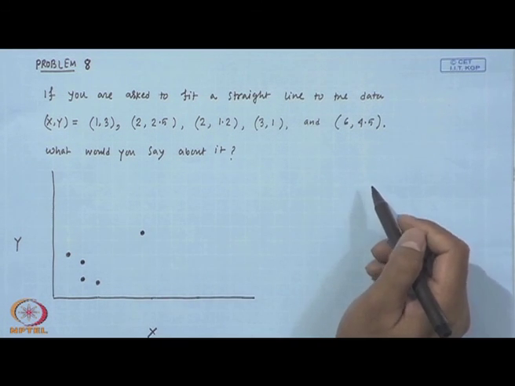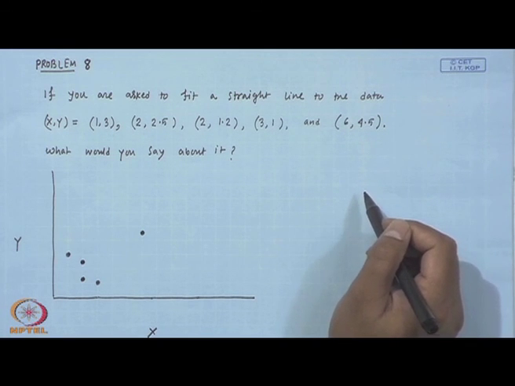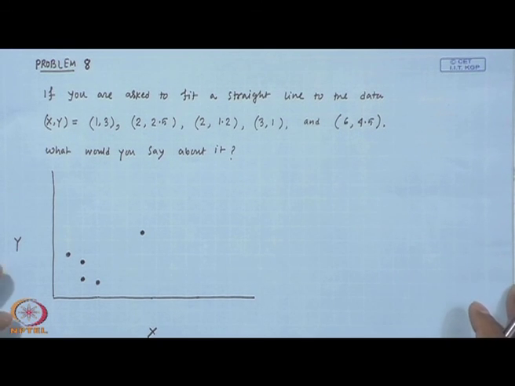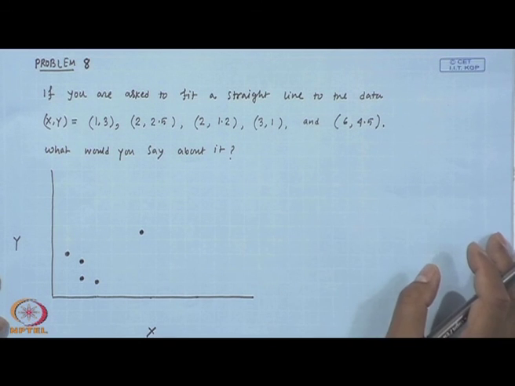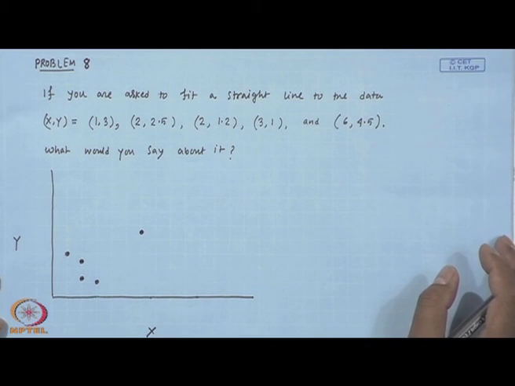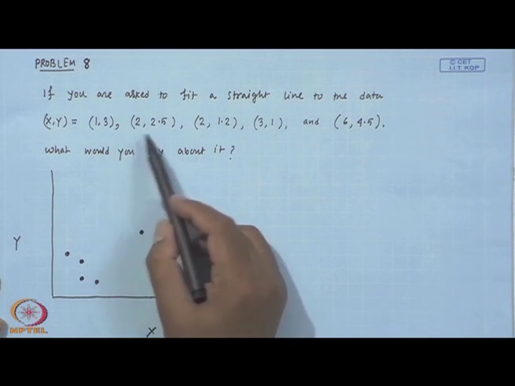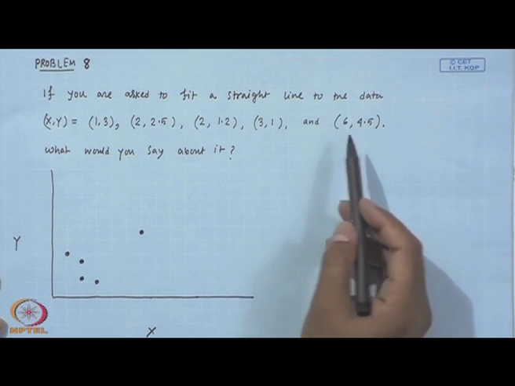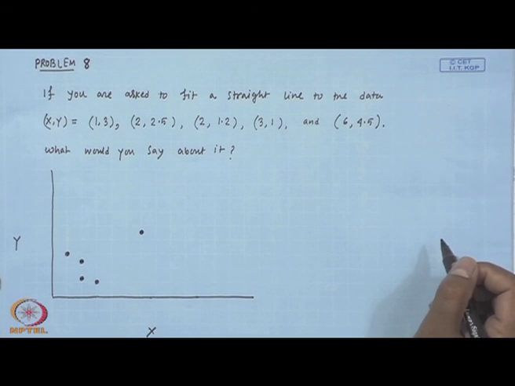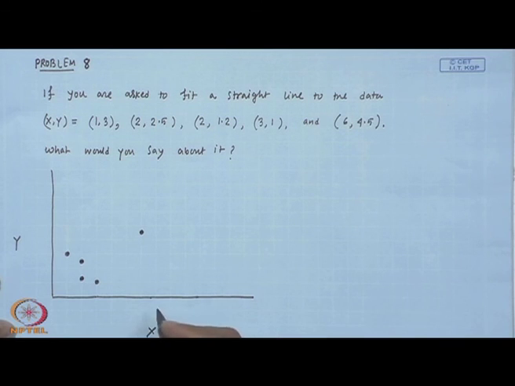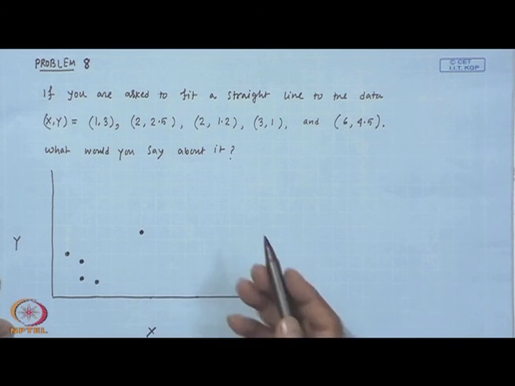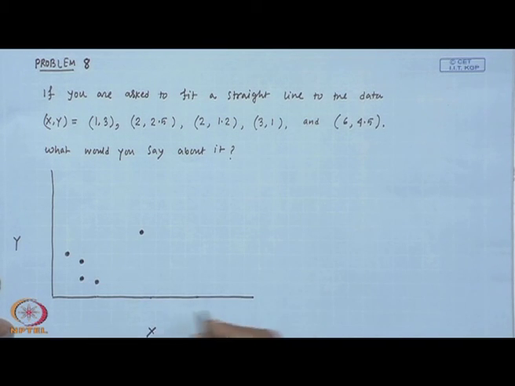Yeah, it is sort of difficult to know exactly what the question is asking for. So, you are given 1, 2, 3, 4, 5 data points, and here is the scatter plot for the given data.